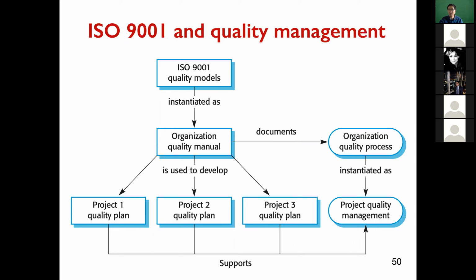For example, for next year, how you should do quality assurance for your software products. And for each specific project, you need to have a quality plan for that project. That is what we're writing for our assignment 1. So you need quality plans for each project.